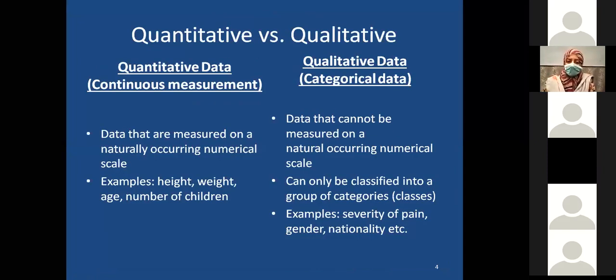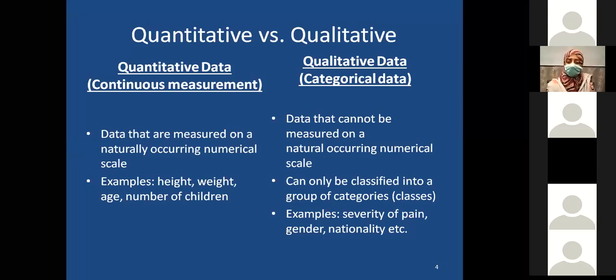Okay? Now a bit about types of data. So when you understand what are the different types of data, only then can you understand which type of presentation will you choose for your quantitative data or your qualitative data. Okay? So quantitative data, it's continuous measurement. It has fractions. Okay?